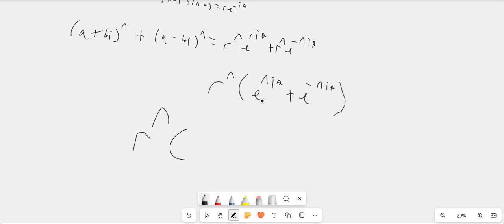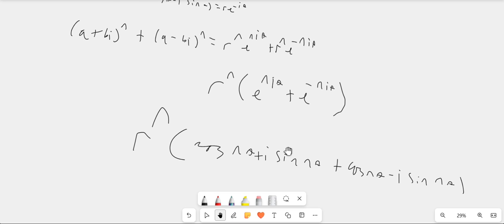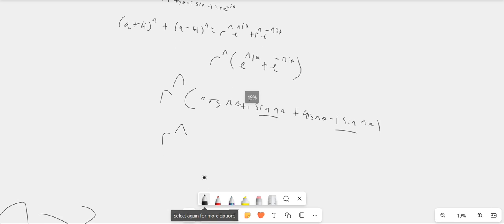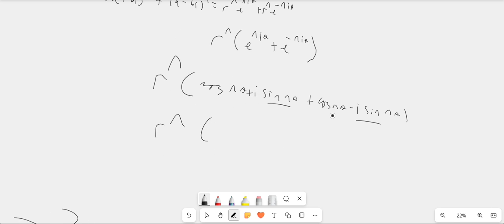I can expand the e to the power of ni theta into cos and sine form, so cos n theta plus i sine n theta. And then this one as well, plus cos n theta minus i sine n theta. Do you see that? And then i sine n theta and minus i sine n theta cancel. So it's going to be r to the power of n, and then cos n theta plus cos n theta is going to equal 2 cos n theta.